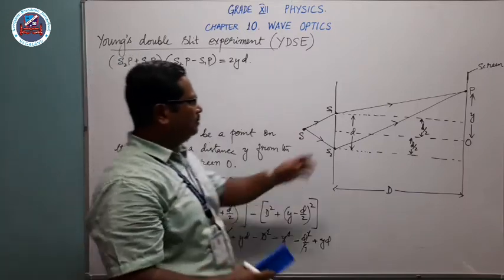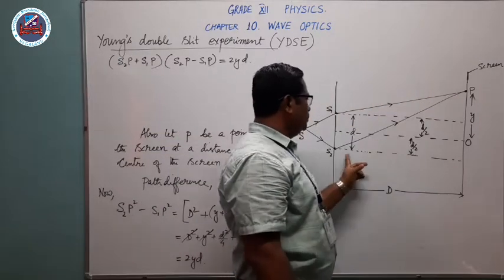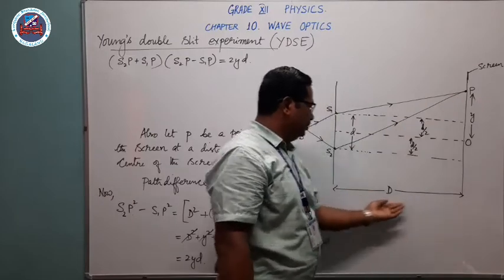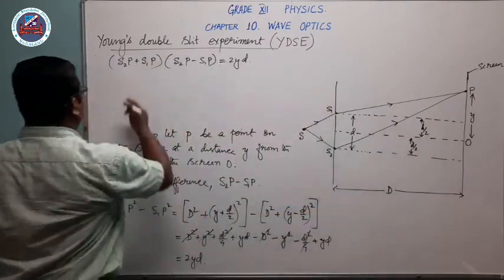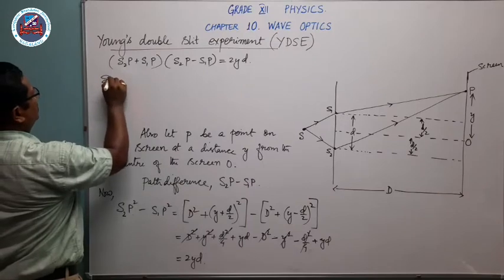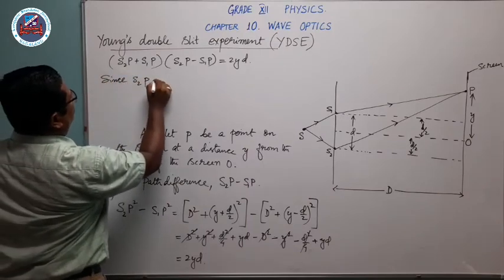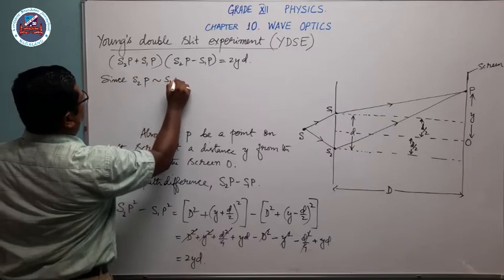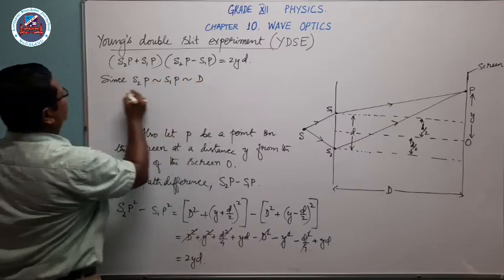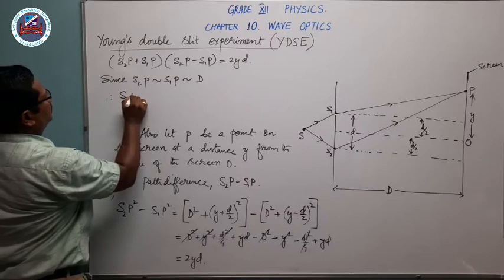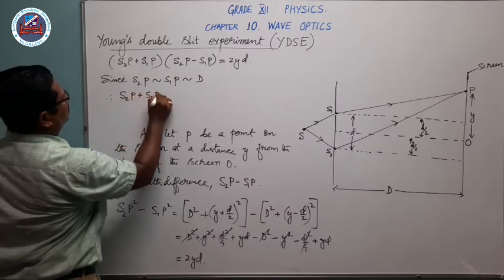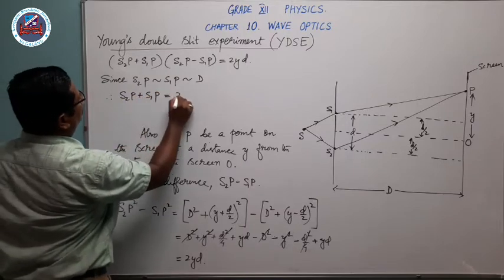Since S2P is nearly equal to S1P is nearly equal to D, therefore S2P plus S1P, D plus D, will become 2D.